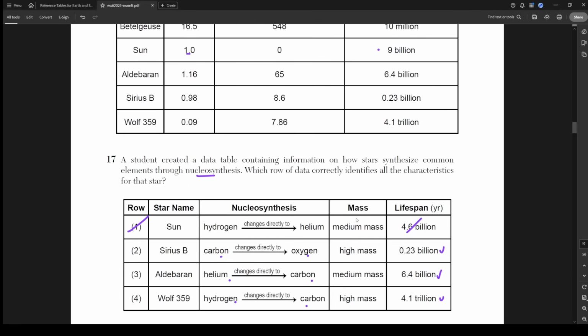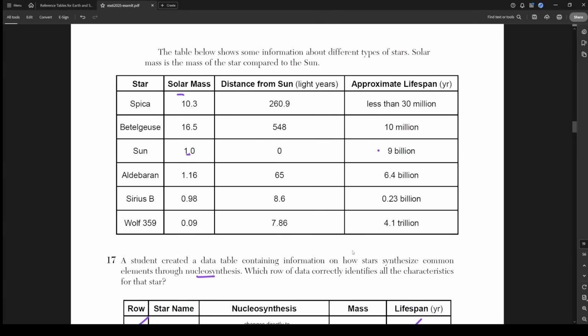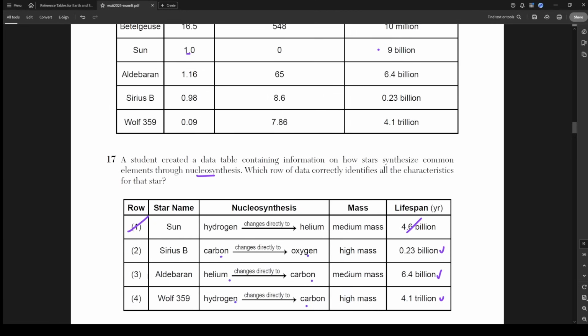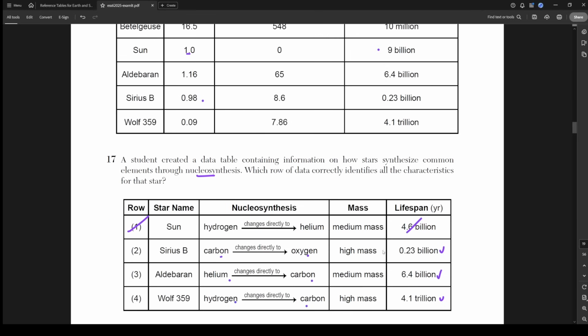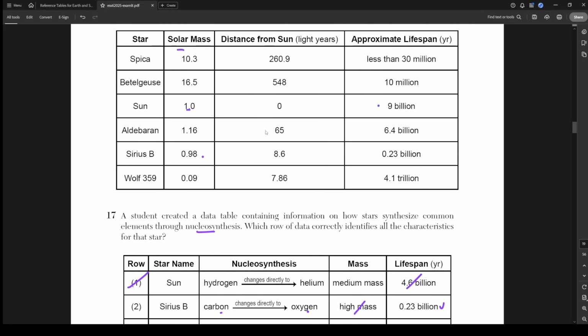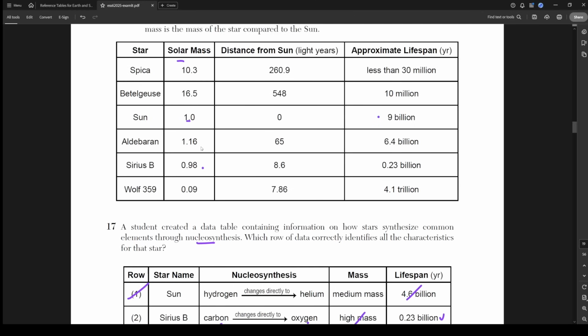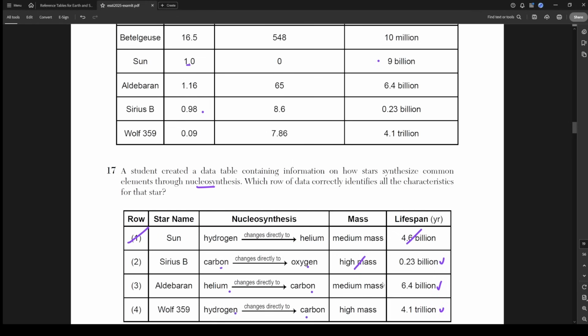All right, let's go to mass. So high mass, Sirius B, 0.98. That's less massive than the sun, so that's not high mass. So that's wrong. Aldebaran being medium mass, 1.16, possibly. We'll say maybe.